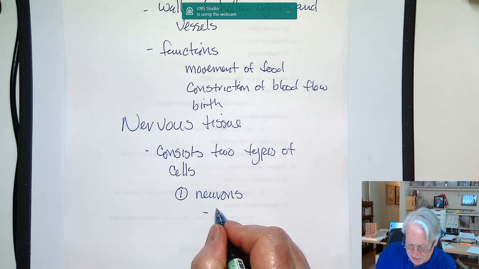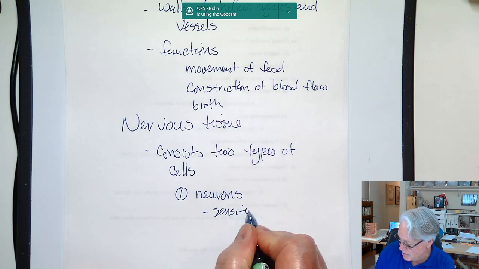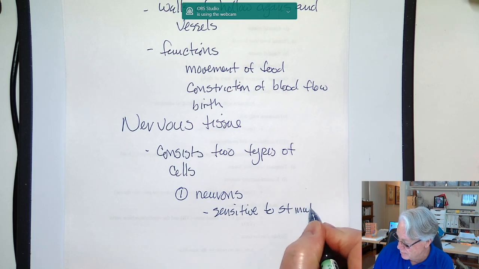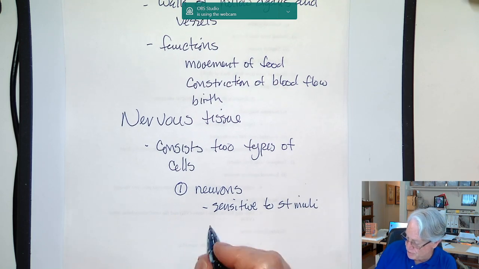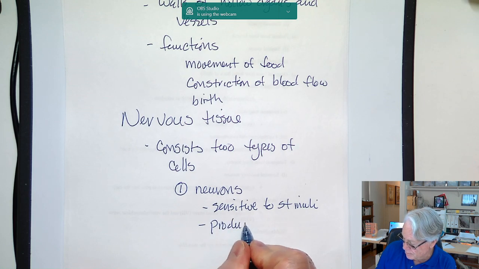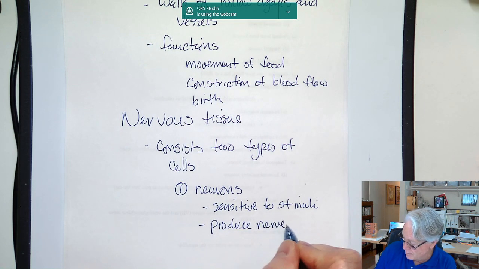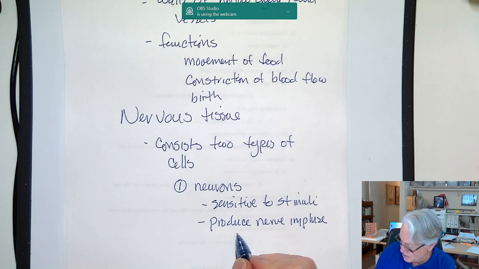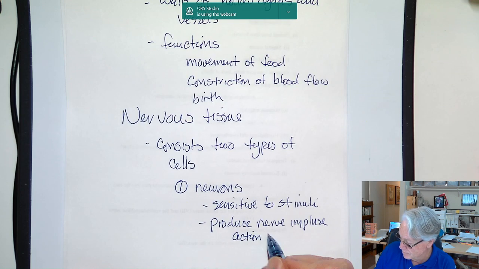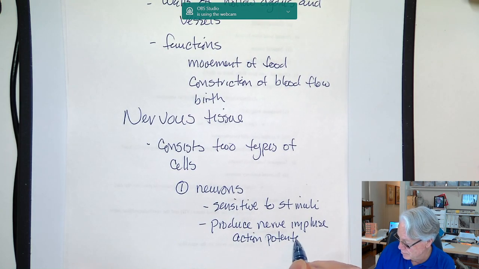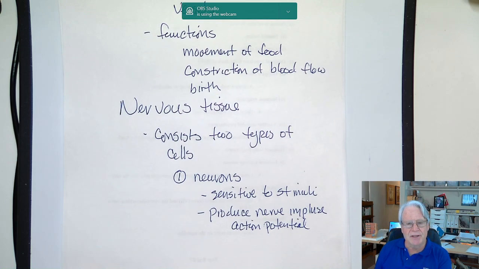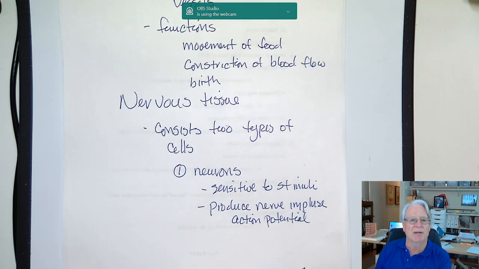And so these are the cells that are sensitive to stimuli, and they produce a nerve impulse, also known as an action potential. Right. So these are the ones that most people think about when they think about nervous tissue, is the neurons.